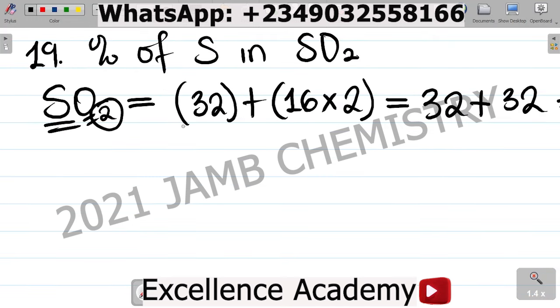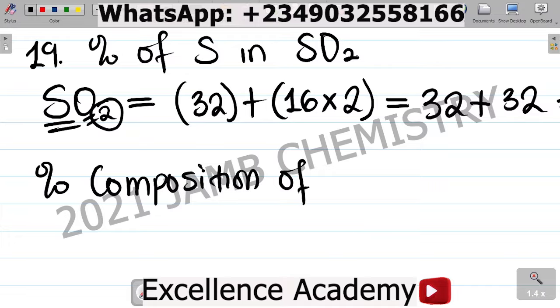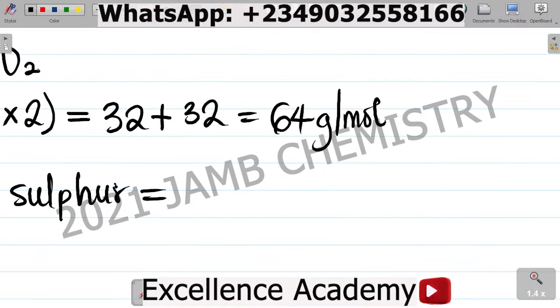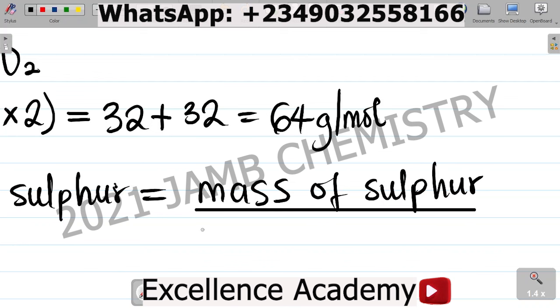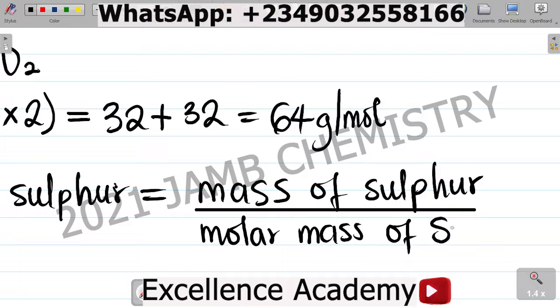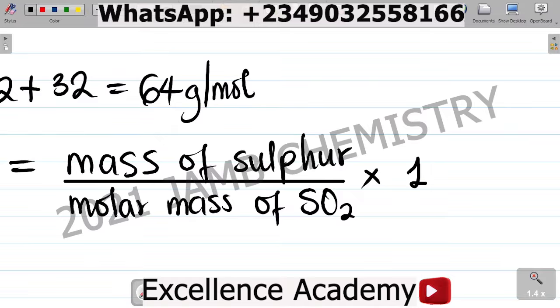Now from this, to get the percentage composition of sulfur, is simply equal to the mass of sulfur all over molar mass of SO2 times 100%.